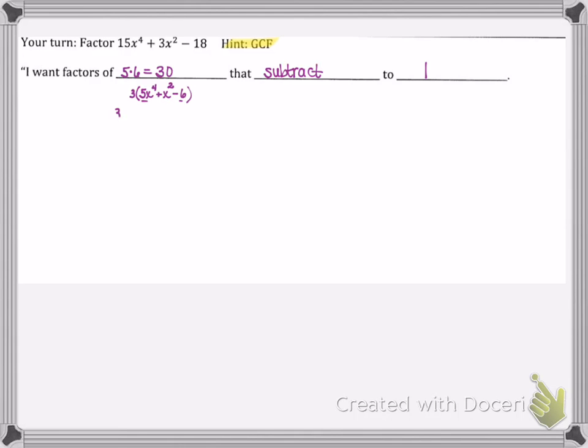So I still have this 3 out in front, but I'm going to replace the x squared with the two terms that are going to subtract to 1. So I want a negative 5x squared and a 6x squared.